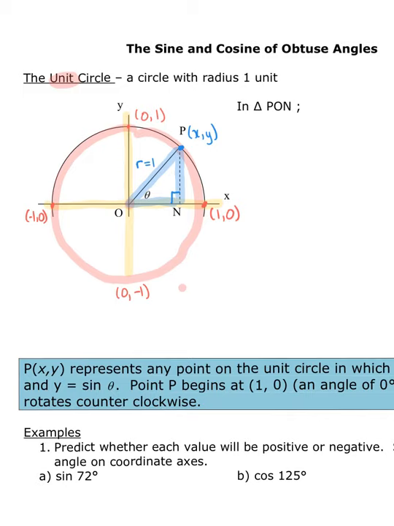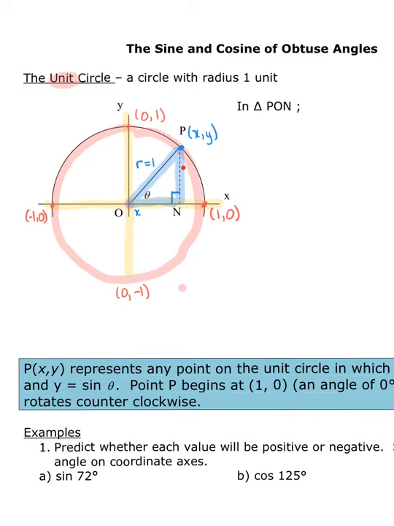I'm also going to label the other two sides in the triangle. The bottom length going from the origin along the positive x-axis to where the triangle ends, I am going to call x, which just represents the length of the triangle along the x-axis.